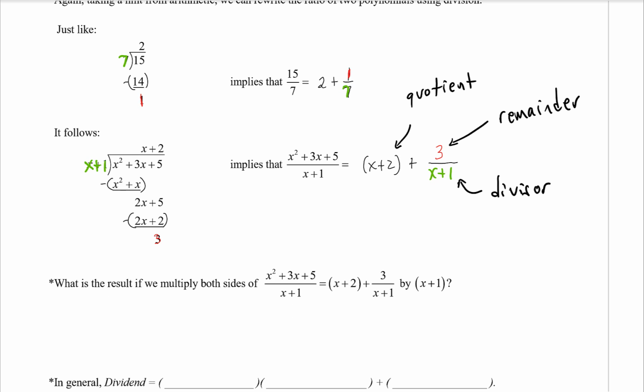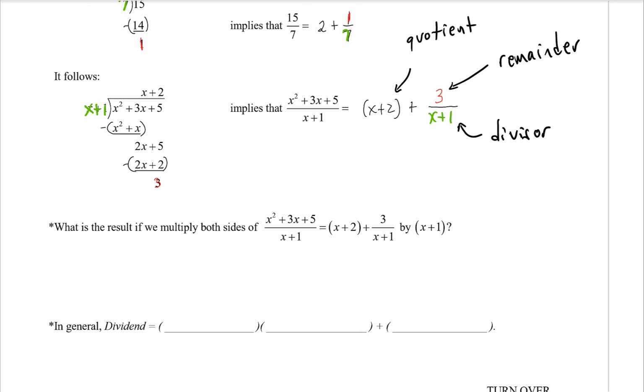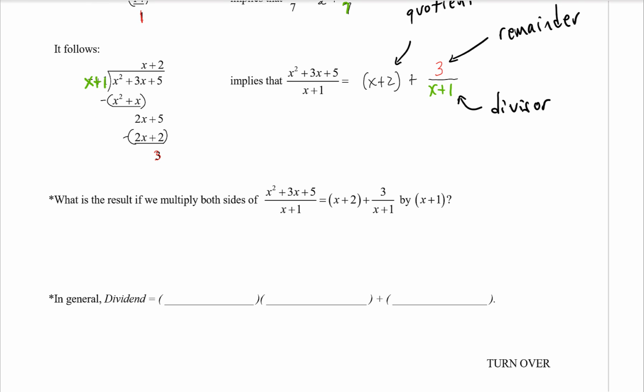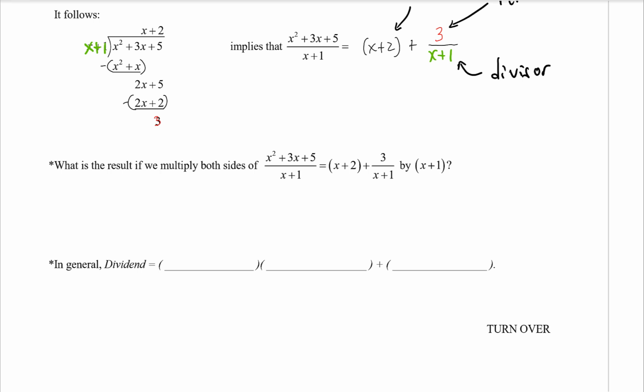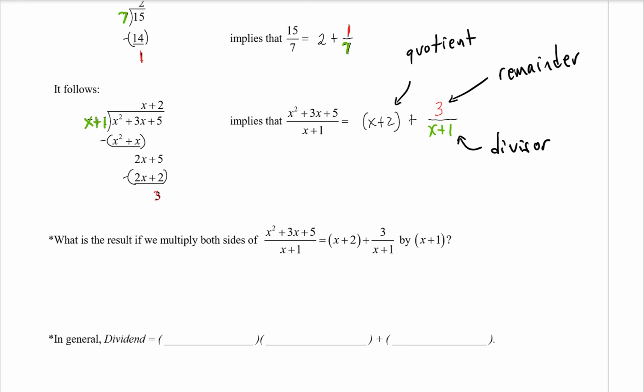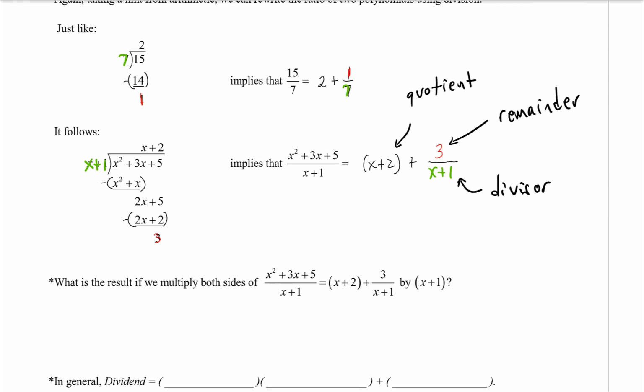So in general, again, this is the same thing as back in elementary school. In general, the dividend, so the dividend is what's under the division sign. For my arithmetic example, that'd be 15. We know that 15 equals 2, the quotient, times the divisor plus the remainder.